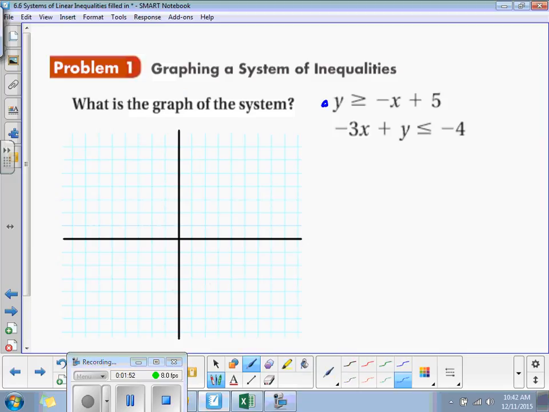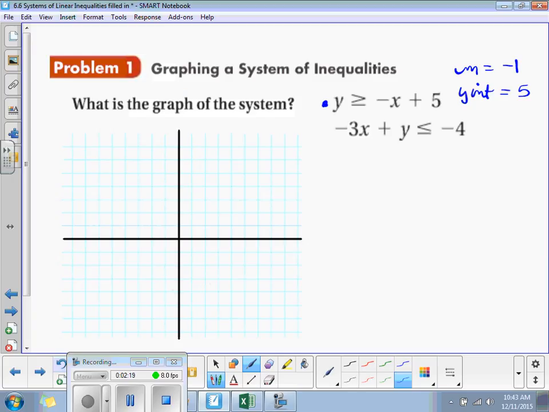I'll do this one in blue. For the first one, the slope is equal to negative 1, and the y-intercept is equal to 5. So when we graph, we start at 5.